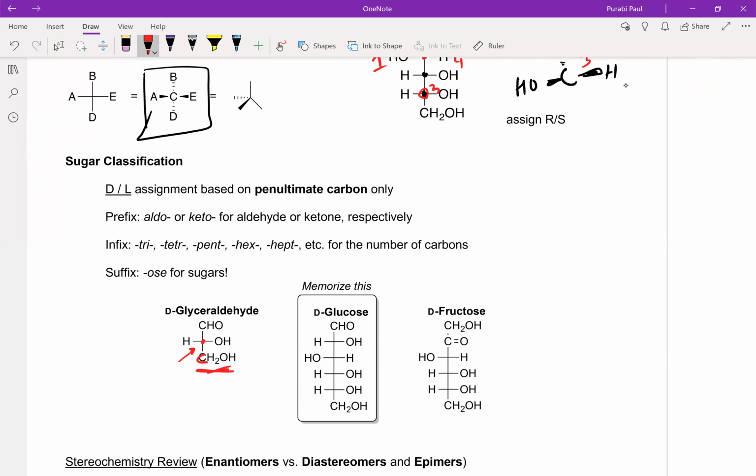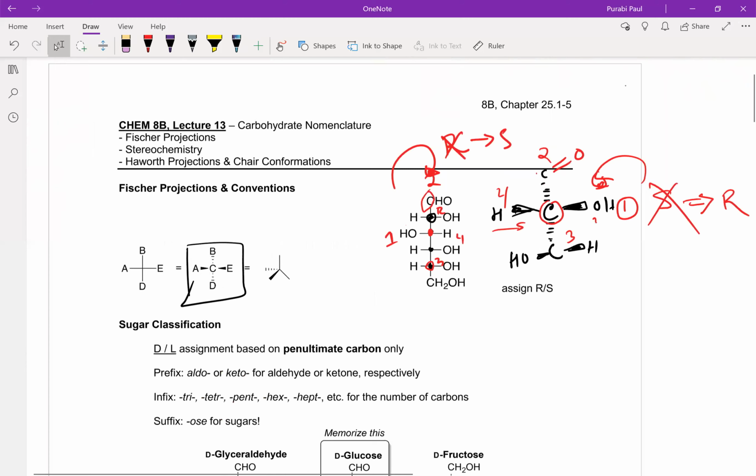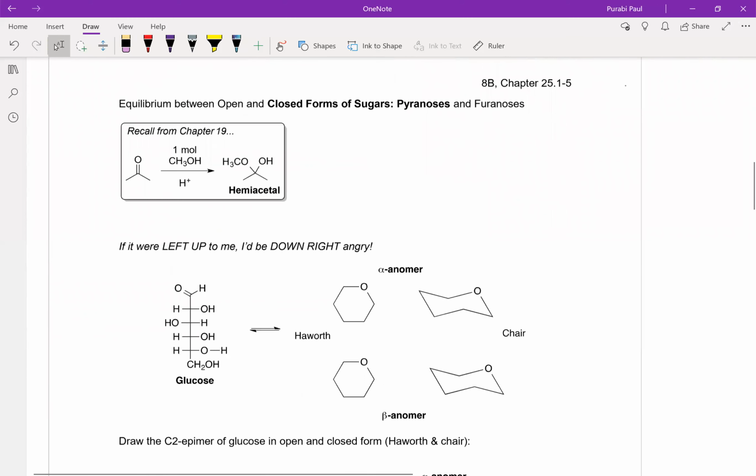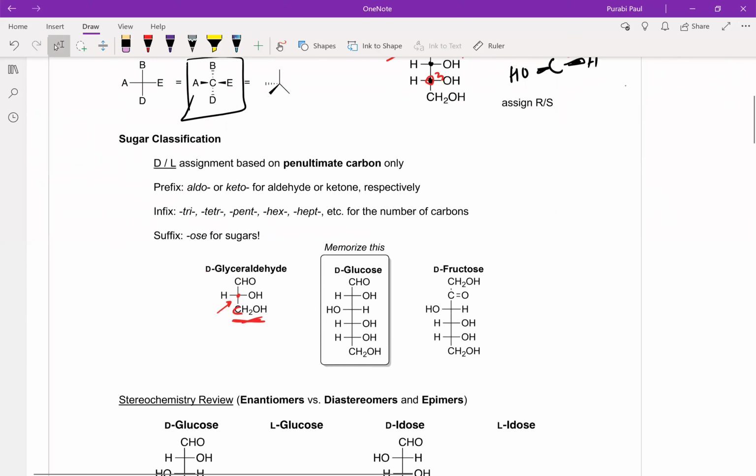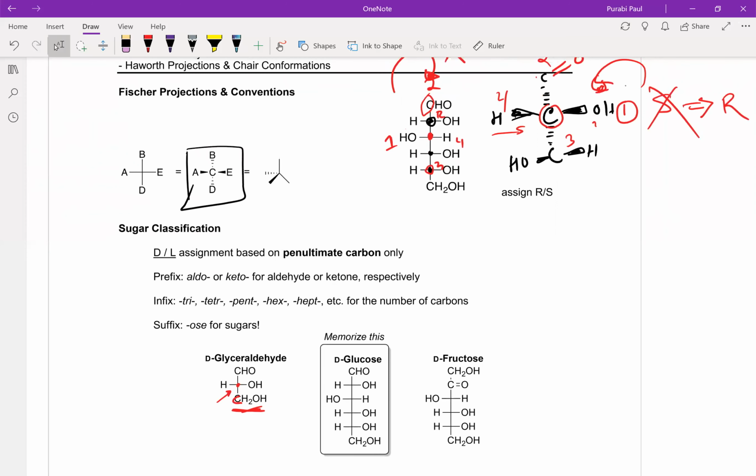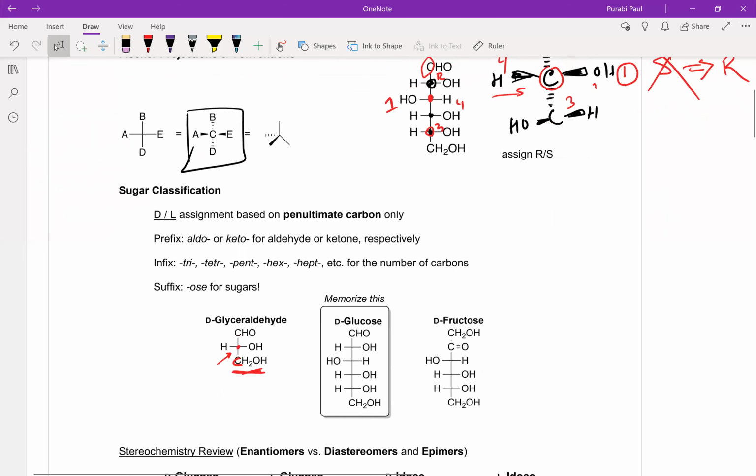And remember, there's a trick to remembering. So the way I do it is, if it's going to the right, okay, it's D, all right? And if it's going to the left, then it's an L, okay? Right D, left L, okay? Remember that, right D, left L. So you can see the reason why D-glyceraldehyde is D is because on this carbon, the OH is on the right, okay?